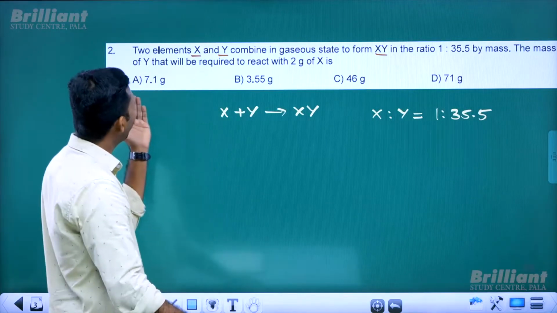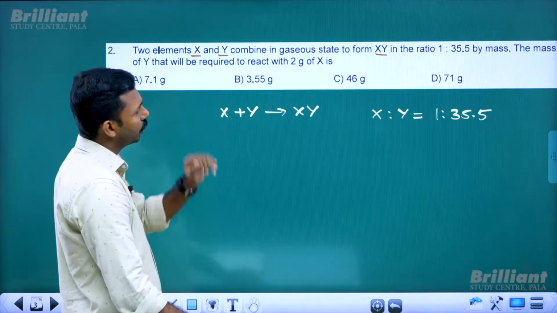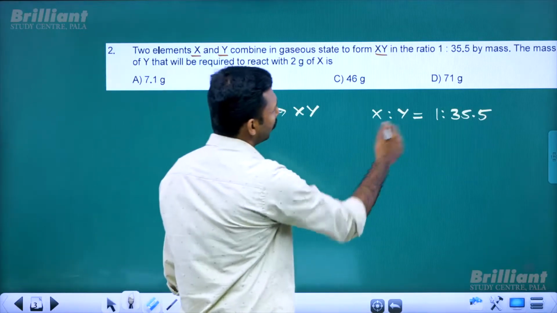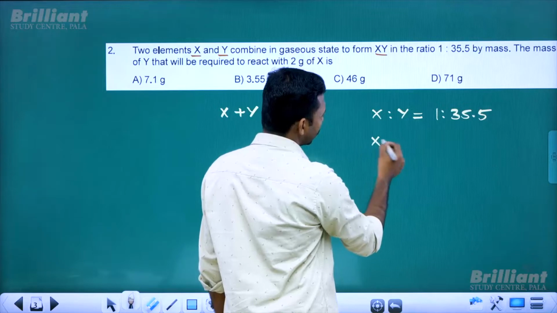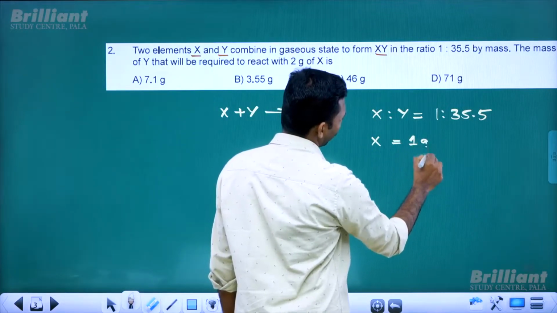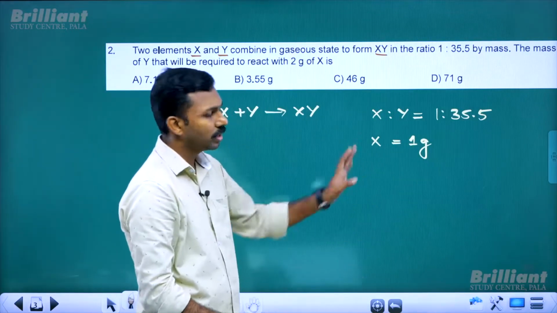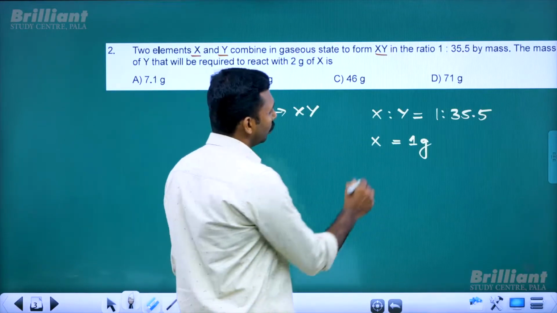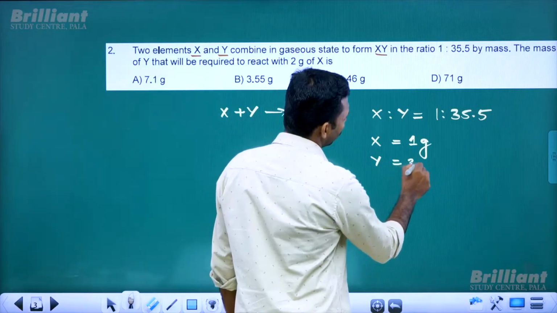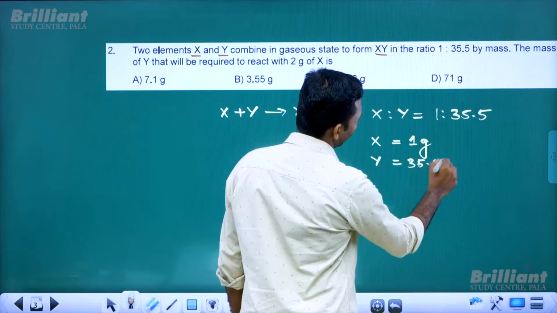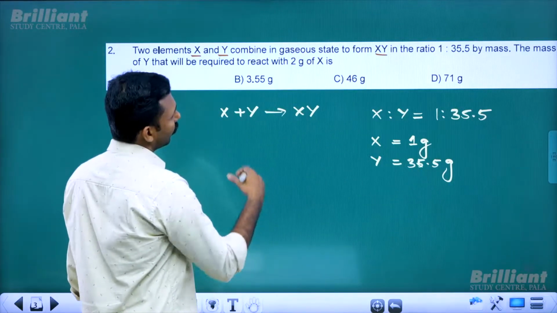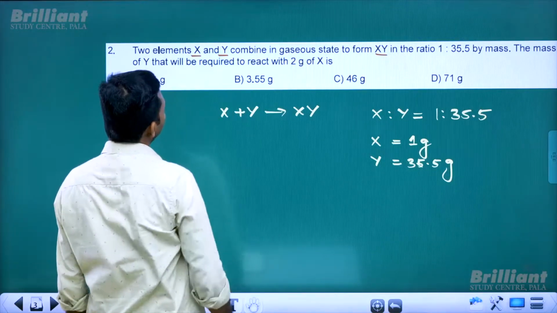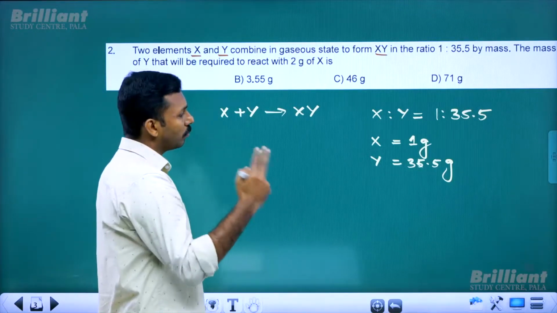Then the mass of Y that will be required to react with 2 gram of X is... From this ratio, it is clear that during this reaction, mass of X is 1 gram, no doubt. Also, mass of Y is equal to 35.5 grams, right? So they are asking what is the mass of Y that is required to react with 2 gram of X.